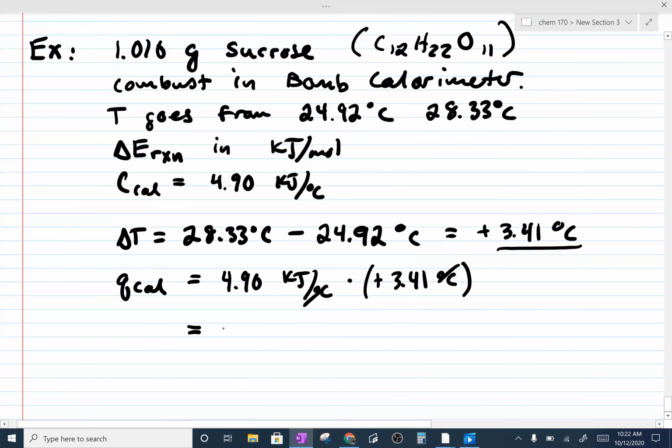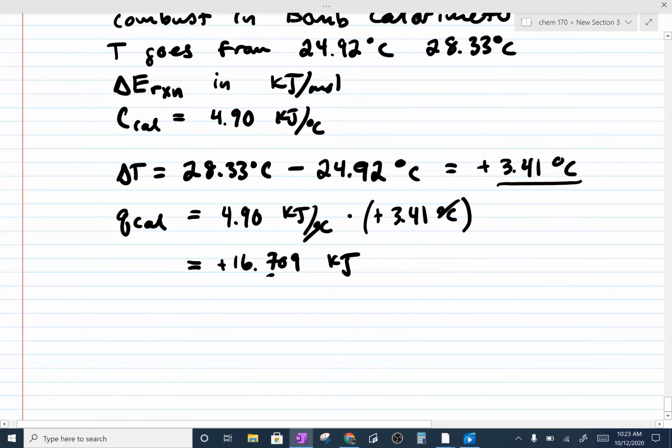We find that this is plus 16.709 kilojoules, where the 7 is the significant figure. So that's the Q of the calorimeter. Basically, that's the energy that the calorimeter has absorbed. So the surroundings have absorbed this energy. Therefore, the reaction gave off that energy, which had to come from somewhere.